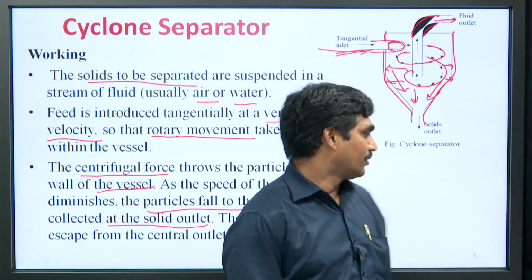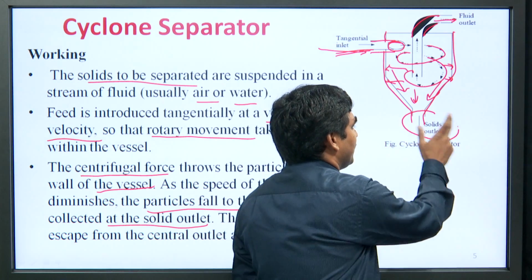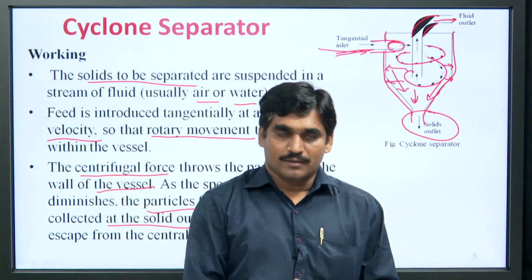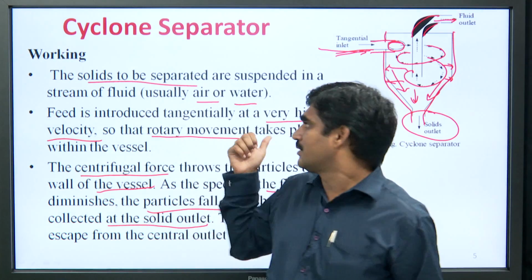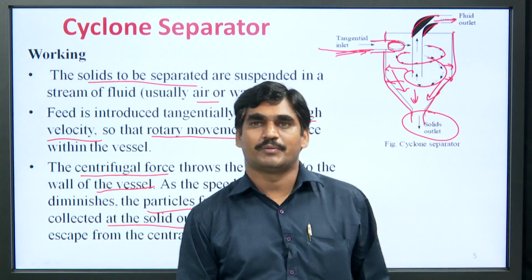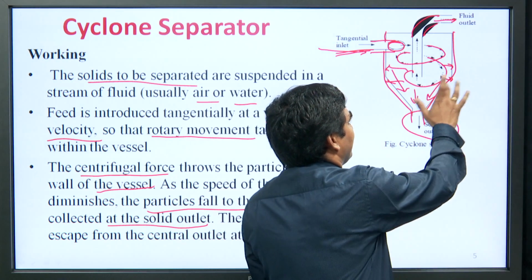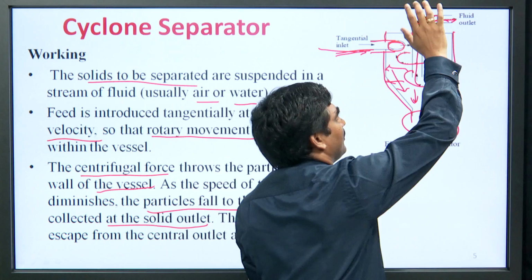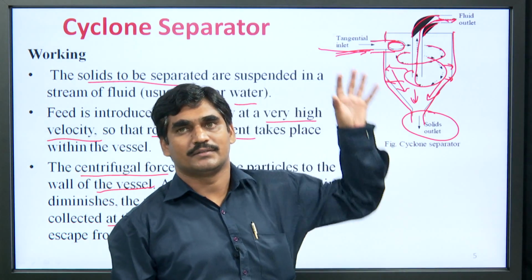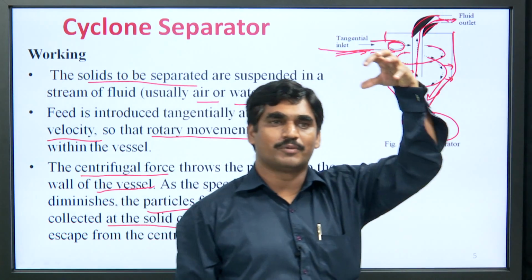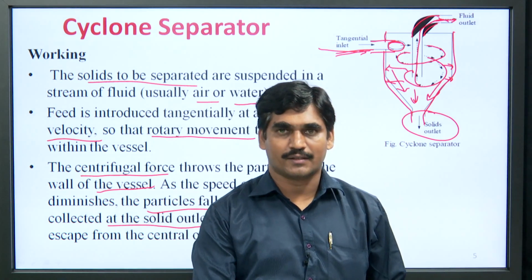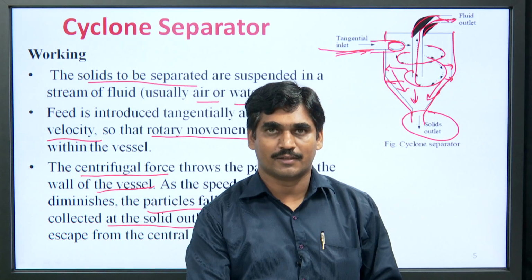From this solid outlet portion, the particles are collected. The fluid which is entering into the cyclone separator, after rotating, comes through the fluid outlet pipe and is collected at the top of the cyclone separator, that is the central outlet at the top position of the cyclone separator.